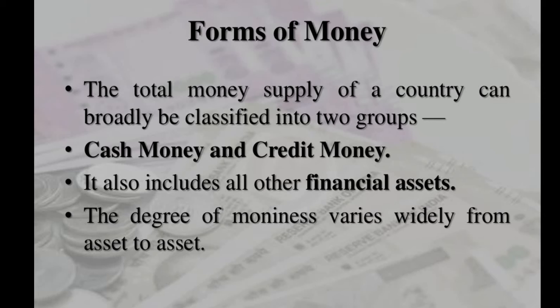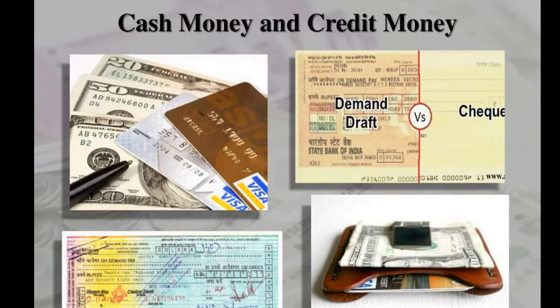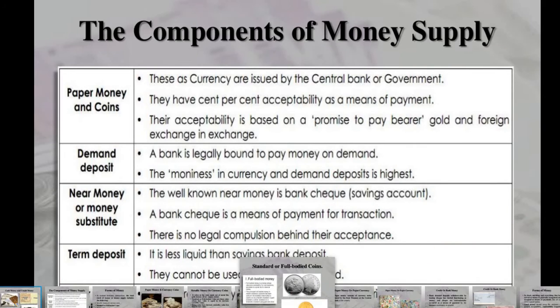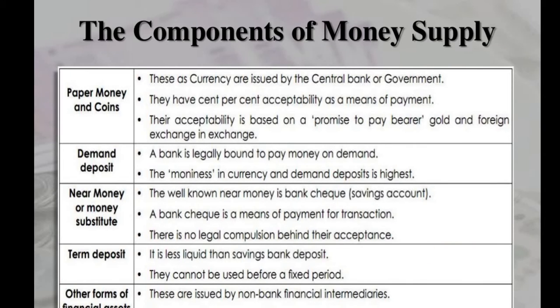Then forms of money: we know cash and credit money are there. Then we know what cash is. We know there are cards, ATM cards, checks, deposits, demand drafts. These are the different forms. Then components of money supply mean notes and coins. We know currencies are issued by the central bank or government.